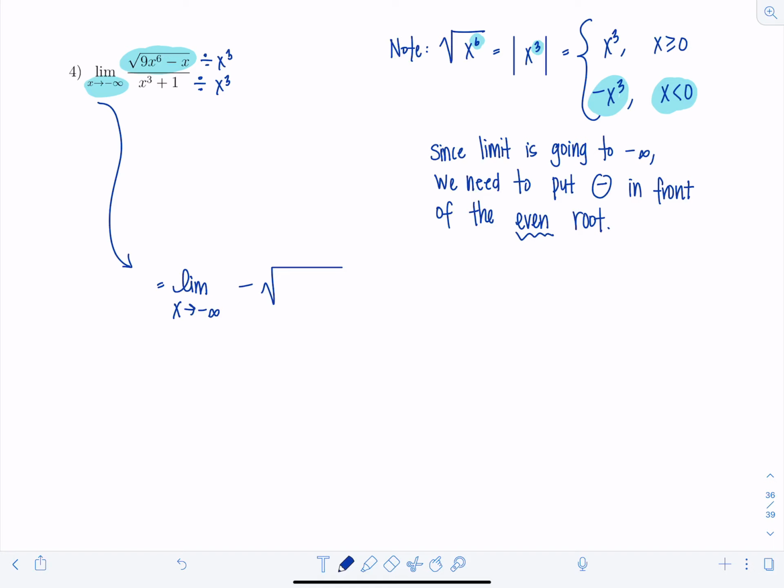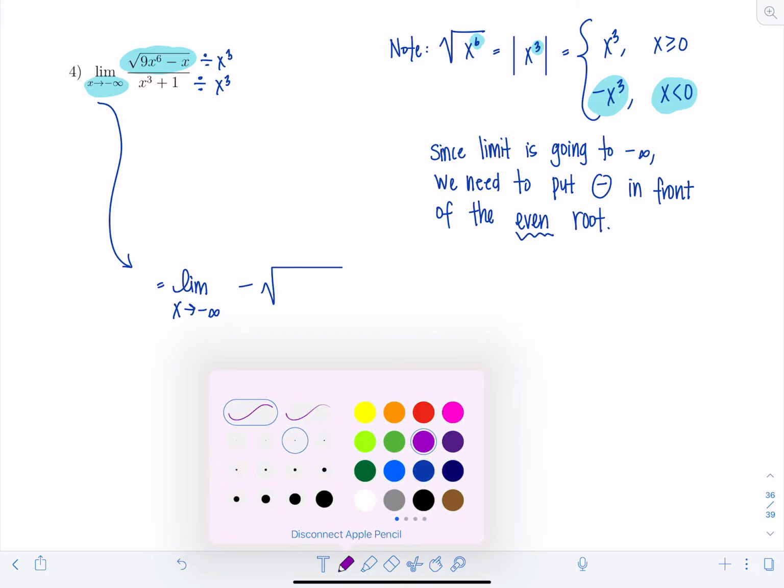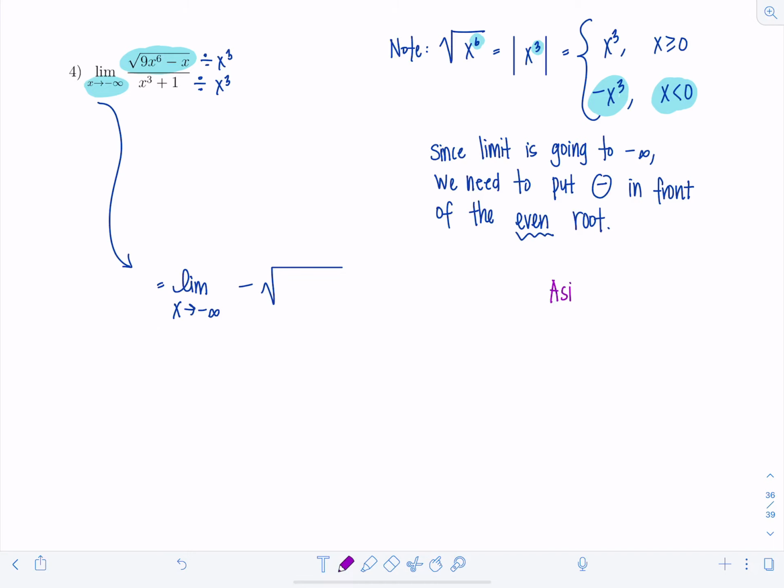Okay, so now we're going to divide by x cubed. Remember, when I put x cubed underneath the radical, though, it becomes x to the 6th. So if you need a little help here, you have radical 9x to the 6th minus x, and then you're dividing that by x cubed.